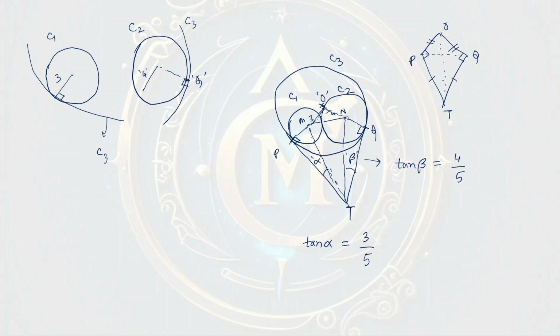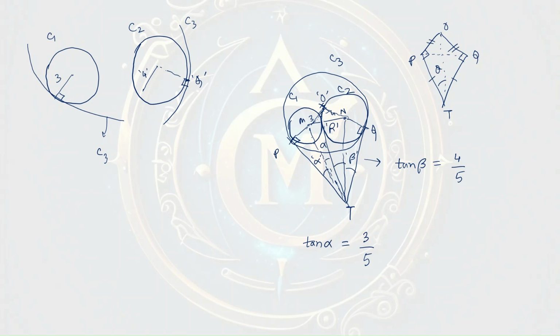So here this angle is theta as we discussed, and as this angle bisector passes through the center of C3, that is point O, if we extend the common tangent to the circles C1 and C2 to the point T, then let's say this point is R. So the angle MTR will also be alpha from the same property that we discussed here.